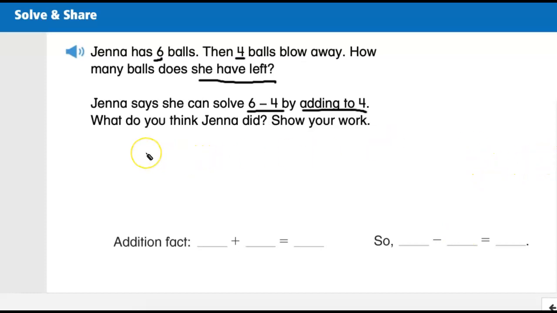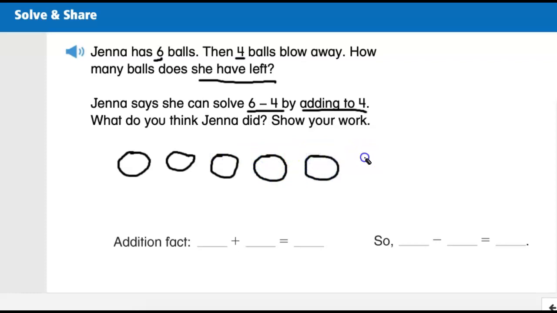I know this can sound a little bit confusing, so I'm going to show you what I mean. On your paper, if you want to do this with me, we can make 6 balls. So I'm going to draw 6 circles. 1, 2, 3, 4, 5, 6. It told me that Jenna had 6 balls all together, correct? Yes.